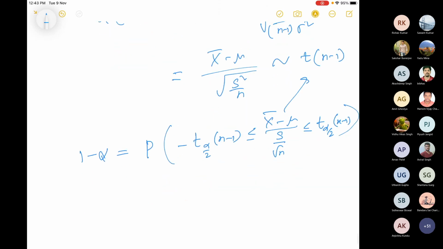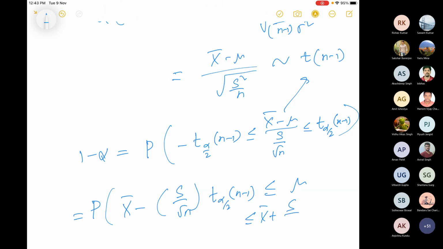If you do the calculation a little bit, this will be the probability of X bar minus S by square root of n times t alpha by 2, n-1 less than or equal to mu less than or equal to X bar plus S by square root of n times t alpha by 2, n-1.